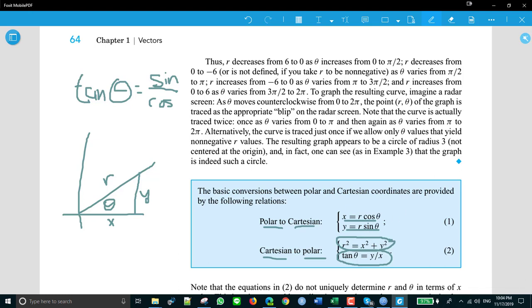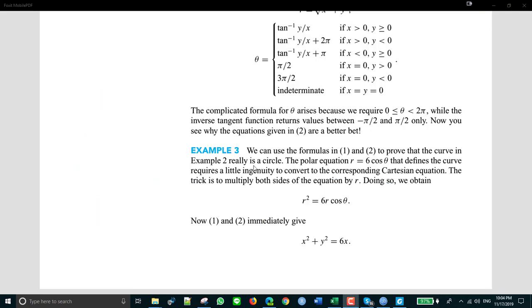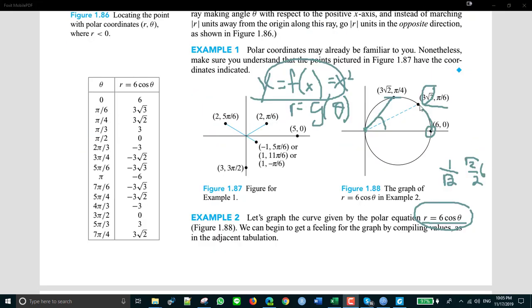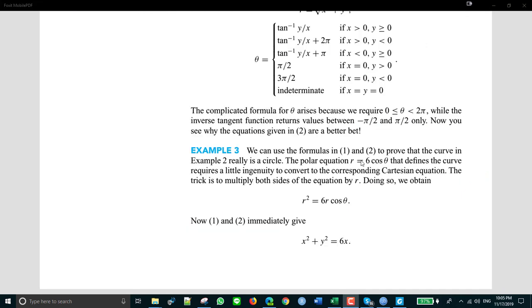So then she says here in example 3 that we can use formulas 1 and 2 to prove that we actually get this picture, which is a circle centered at, I guess, 3, 0. She says we start with this. It requires a little bit of ingenuity to convert it to the corresponding Cartesian equation.